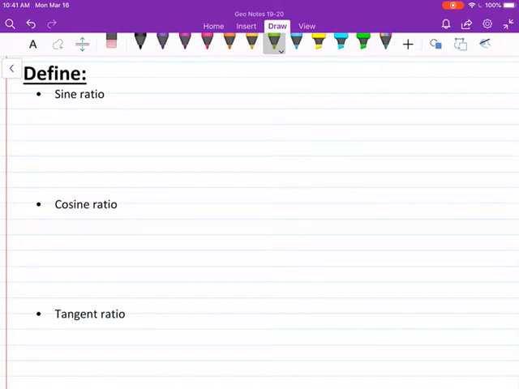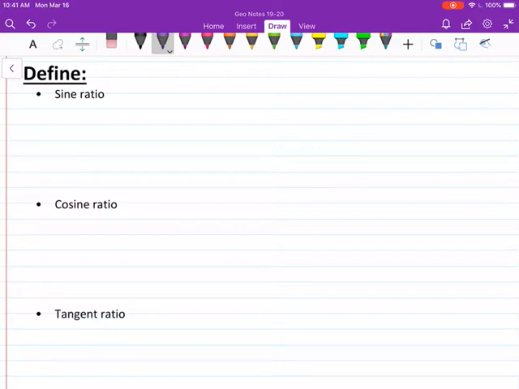And when I have right triangles, if I know one of the angles is 54 degrees, then any other right triangle with a 54-degree angle is going to be similar to any other triangle with a 54-degree angle, meaning the ratio of the sides is the same. So these three ratios are going to be the ratios of the possible sides of a right triangle. So when we get into some examples, it'll make a little bit more sense.